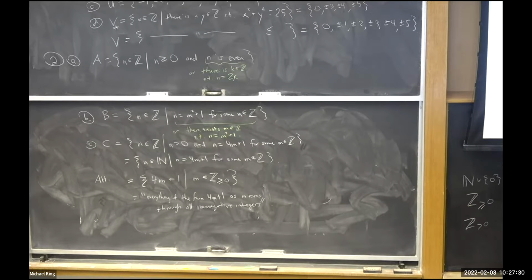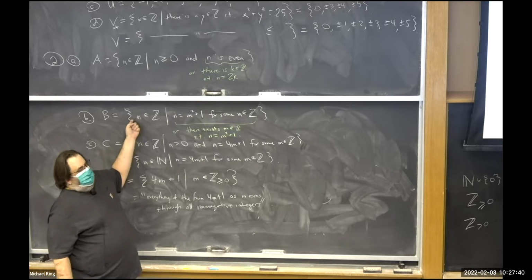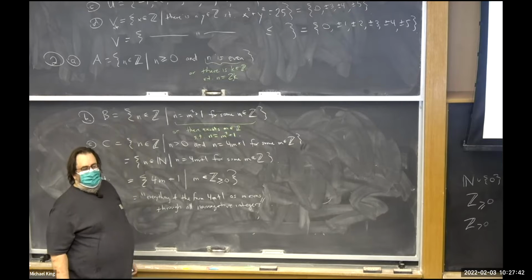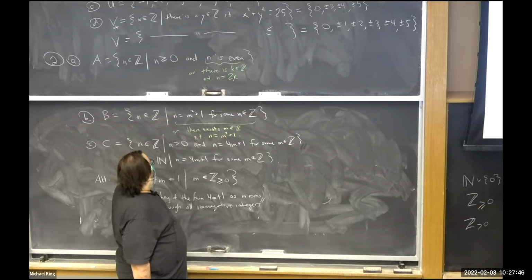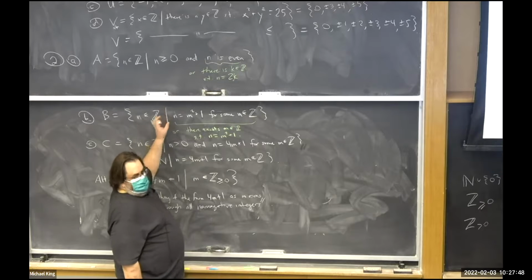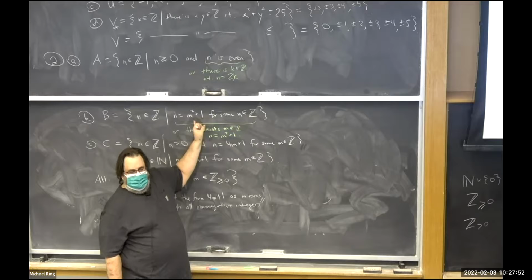Yeah. Well, in that case, you're listing both n and m, whereas here we're just listing n. We're not listing the numbers. Right, the stuff before the vertical bar is the stuff that we're listing, and this is the condition. Okay, that makes sense. Does that make sense?